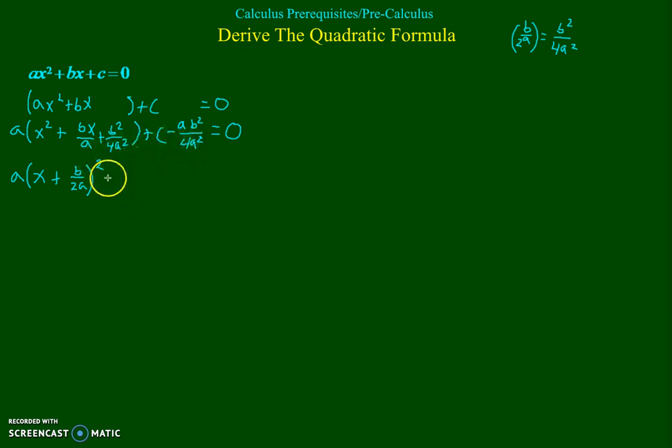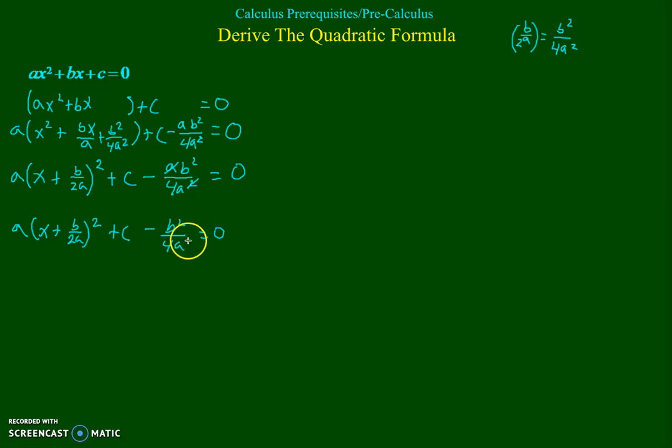Now we rewrite this plus c minus a times b squared over 4a squared, and one of these a's is going to cancel out. And let's not forget to put our equals 0 here. So let's rewrite: a times (x plus b over 2a) squared plus c minus b squared over 4a equals 0.